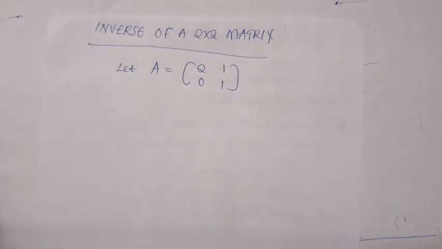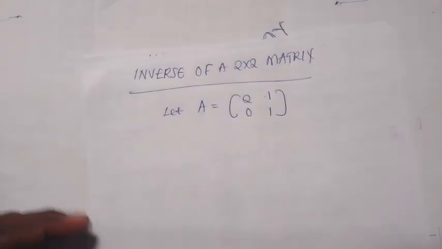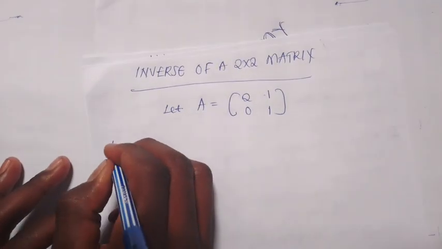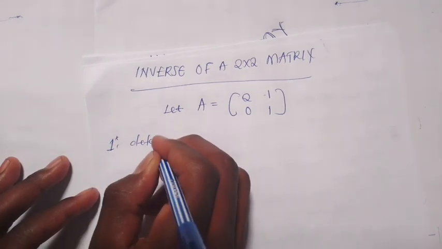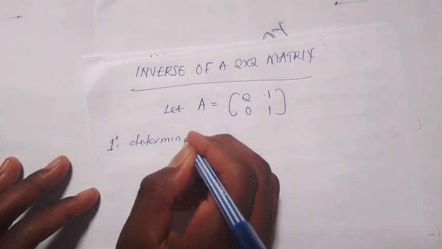The first thing is to find the determinant. Remember, we talked about the major and the minor diagonal, then you subtract the products. The answer you're going to get is the determinant. So first things first, you find the determinant.